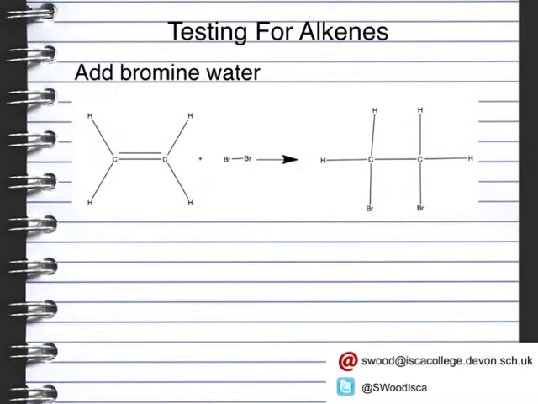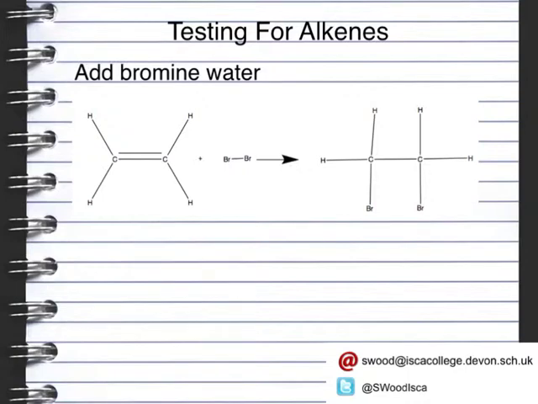So here we have the reaction of the alkene. This is ethene, and there we have the bromine molecule. What you can see is the double bond is able to be broken by the bromine molecule, and we then have a single bond between the two carbons, and a bromine attaches to each of the carbons.